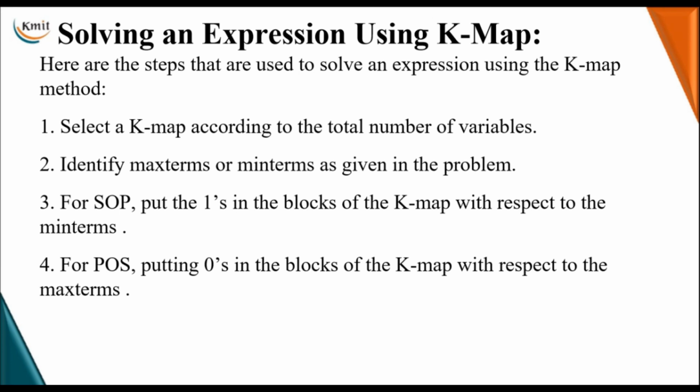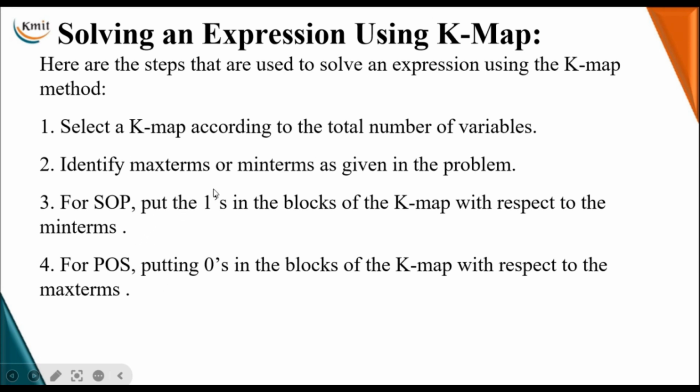If your function has 3 variables, you should prefer only the 3 variable K-map, not the 2, 4 or 5 variable ones. So based on the number of variables, choose a 2, 3, 4 or 5 variable K-map.